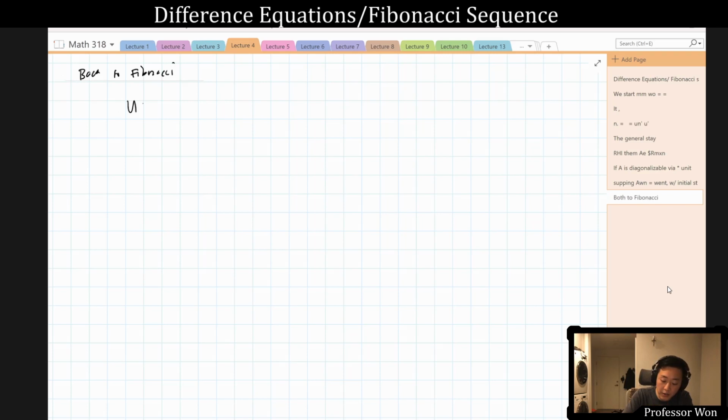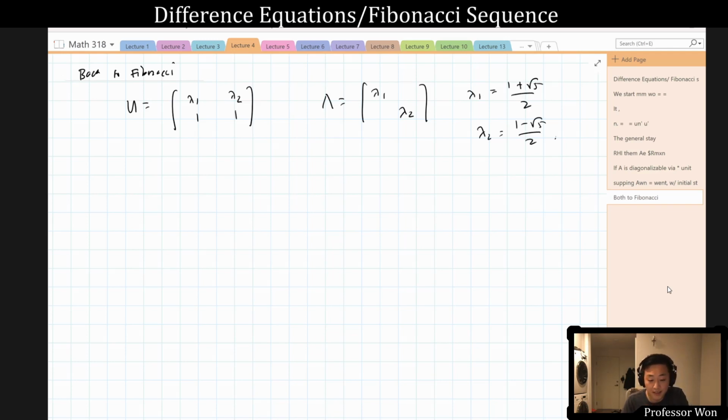Right, so we said that U was the matrix with columns lambda 1, 1 and lambda 2, 1. Lambda was just lambda 1, lambda 2, where lambda 1 was 1 plus root 5 over 2, that's the golden ratio, and lambda 2 was 1 minus root 5 over 2, that's the negative of the golden ratio minus 1, essentially. Now our initial state w naught was 1, 0, and we can just solve Uc equals w naught, by augmenting this, say, or by using a computer.